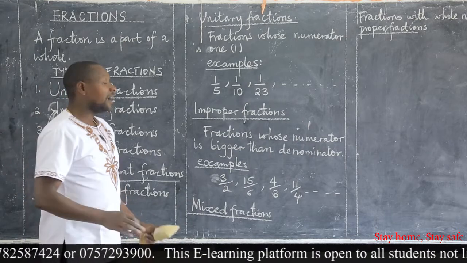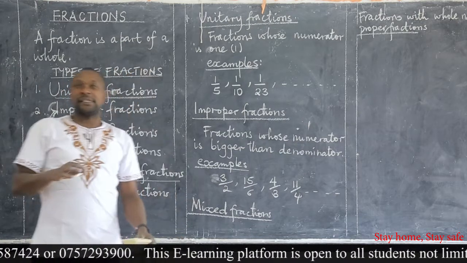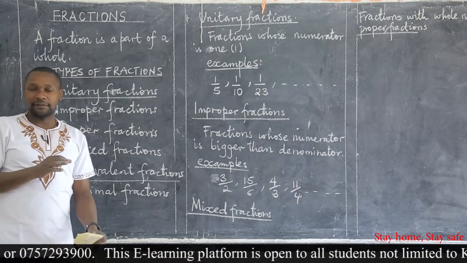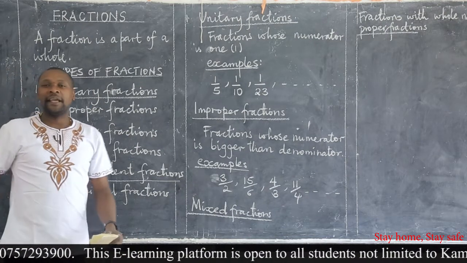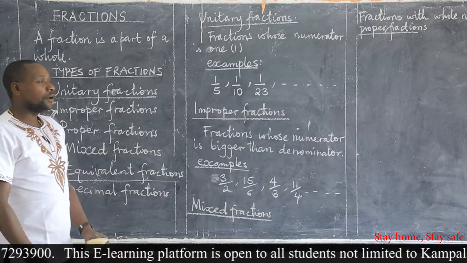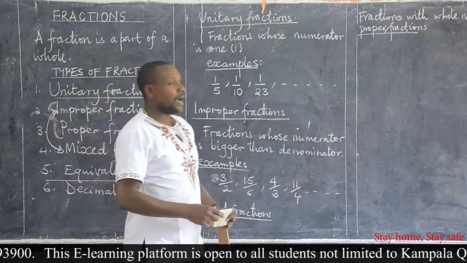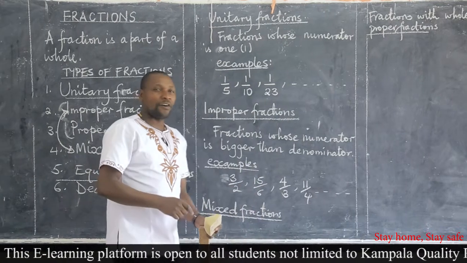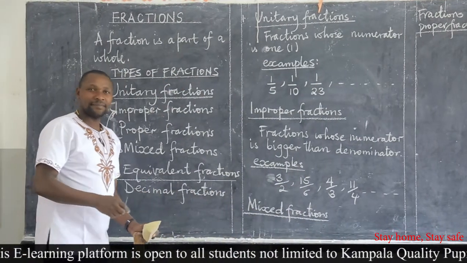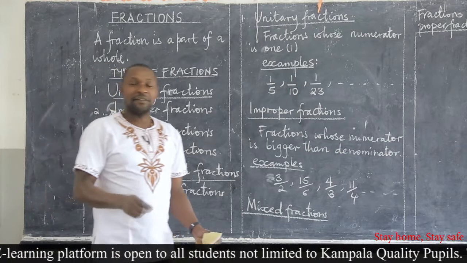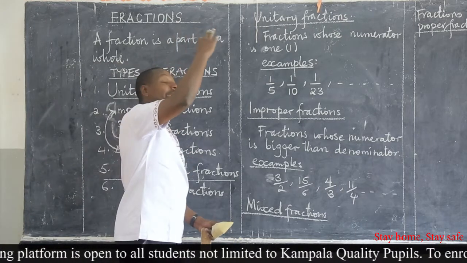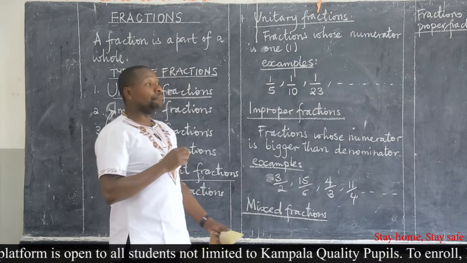Proper fractions are fractions whose numerator is smaller than the denominator. Hope you can give me examples as much as you can. One has given me 2 out of 6, correct. Another one, 4 out of 8, 10 out of 13, very correct. Those are proper, whereby the numerator this time is smaller than the denominator.